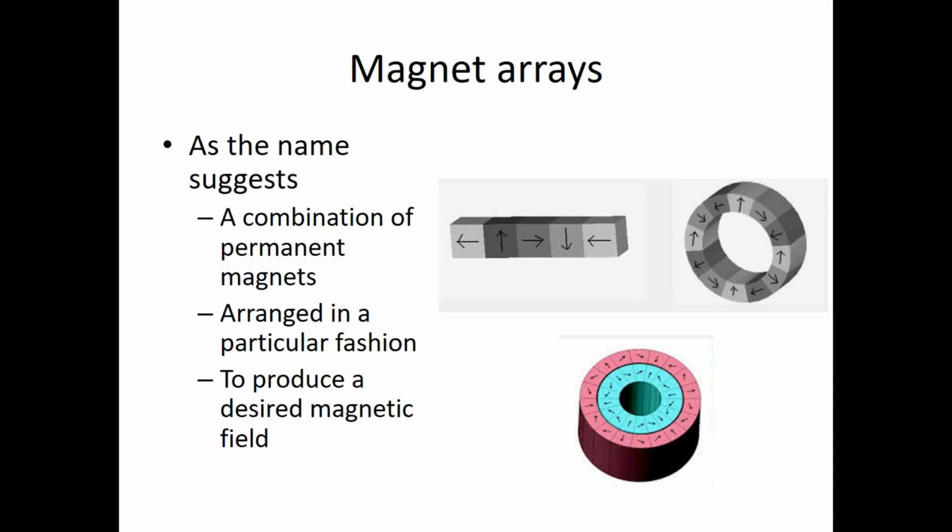So the magnet array achieves a magnetic field which is almost impossible to produce using a single magnet. Now you see some images of commonly used magnet arrays, and today in this webinar we will look at how we can design these magnet arrays inside SolidWorks and how we can study the magnetic field distribution and the forces on ferromagnetic substances due to these magnet arrays.